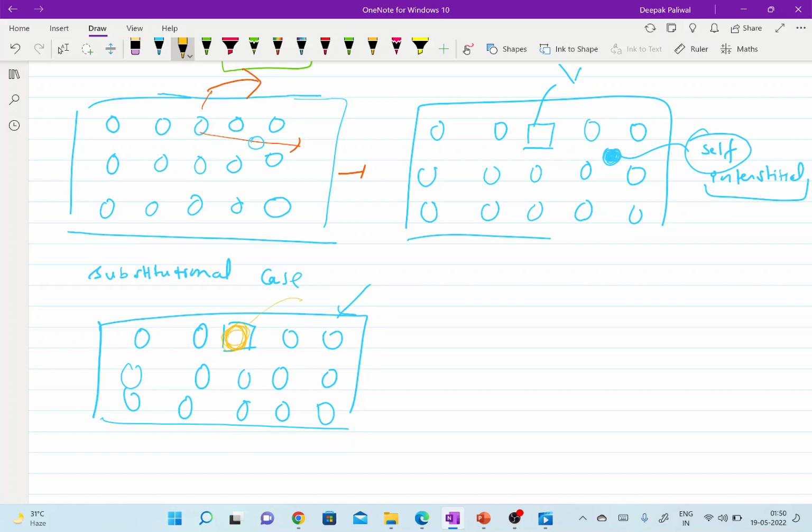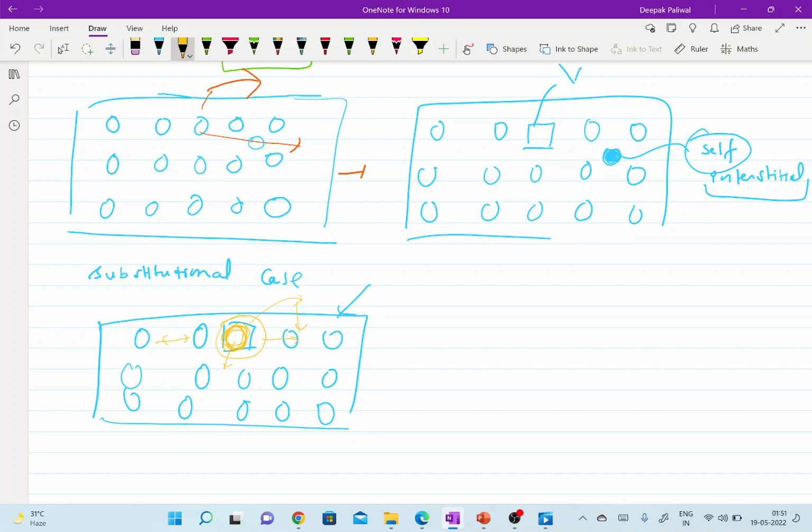This atom's size can be more than the blue color atom, or less than the blue color atom. Depending on the size, there will be a different stress field, whether it is tensile or compressive. Suppose we have an atom of size more than the actual atom size. It will give compression in the neighboring atoms, so it will induce a compressive stress field.